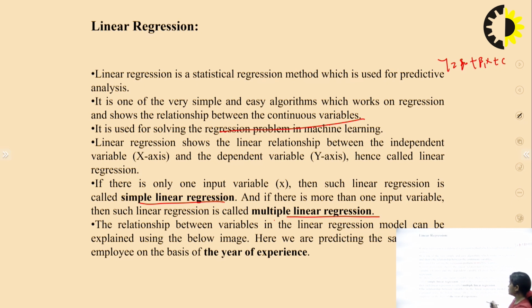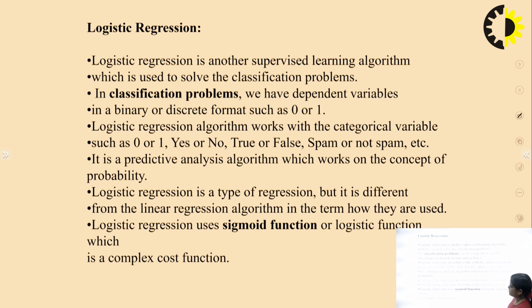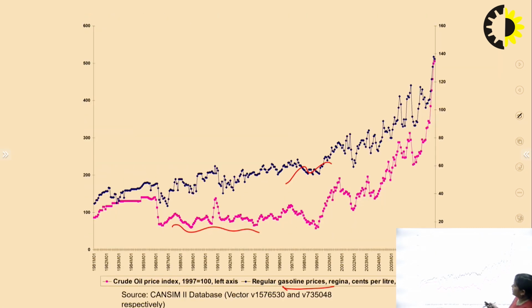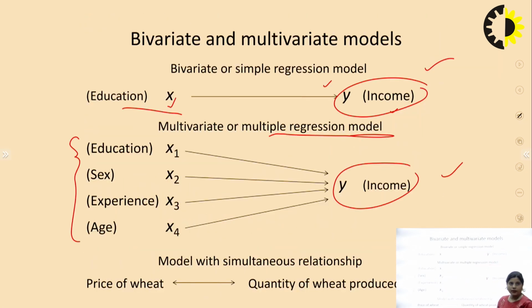So, the relationship between the variables in the linear regression model can be explained using the image below. Here we are going to predict the salary of an employee based on the years of experience. In the given diagram, we have the income of a particular person based on the experience of the person.